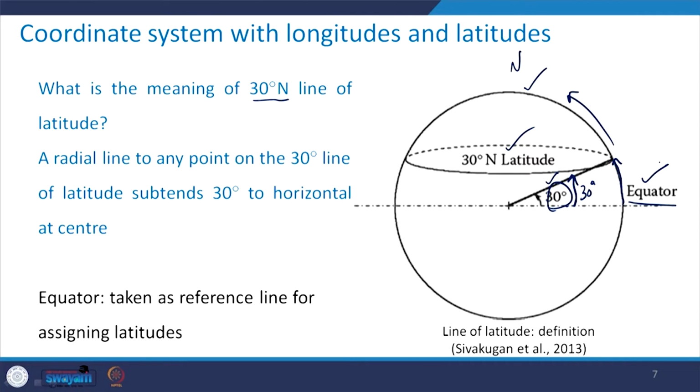What should be the range of latitude then? It can vary from 0 to 90 degrees. It starts at 0 degree latitude, keeps increasing, and can go up to 90 degree latitude.